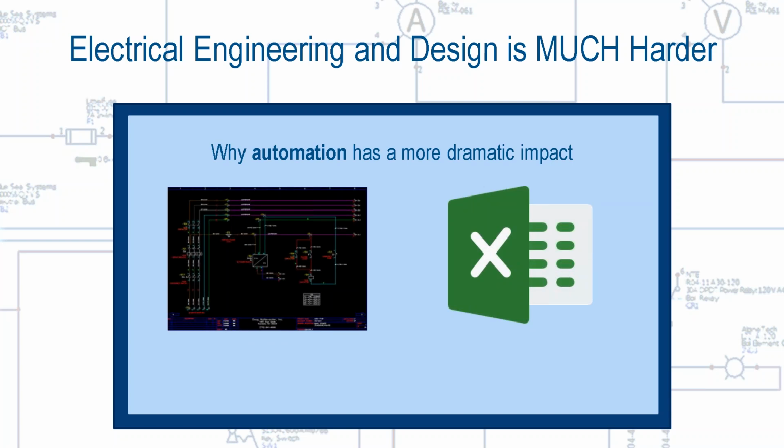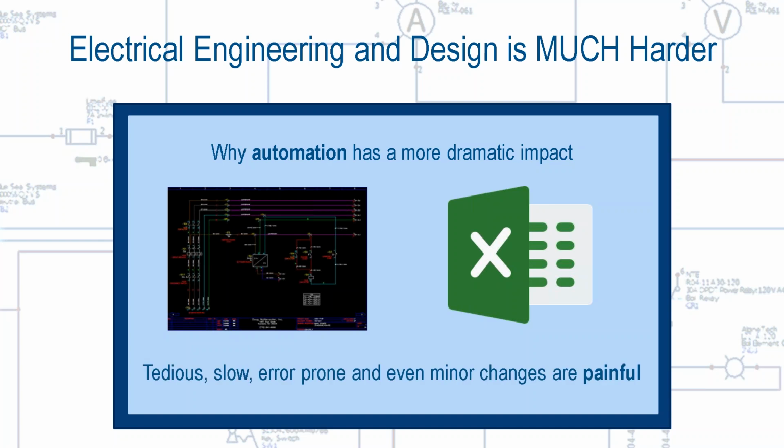We're designing in a 2D CAD tool, which is great. We're taking advantage of lines and text and blocks, but then a huge slowdown in productivity occurs when we have to go external to that application and work in programs such as Excel to manage bill of materials, wire to and from. It's a very tedious and slow process, and it's error prone.